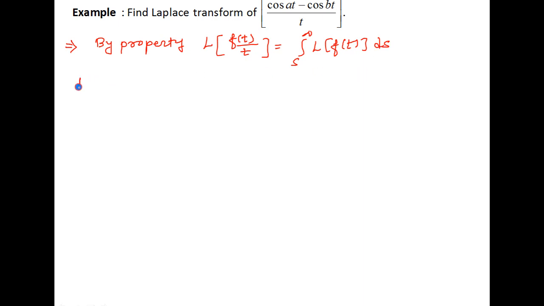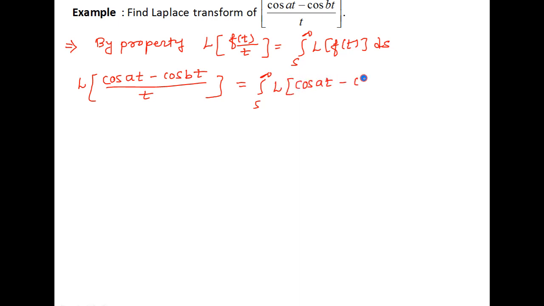So here we can write Laplace of cos at minus cos bt upon t equal to integration s to infinity Laplace of cos at minus cos bt ds.